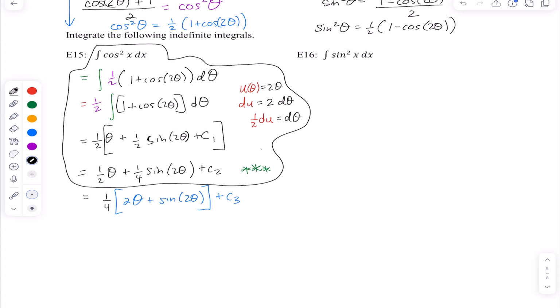You could pause the video, attempt the problem yourself, and then when you're ready to check your answer, feel free to unpause. Once again, you have to do a U-substitution here.